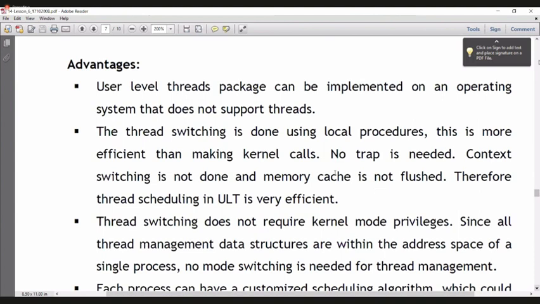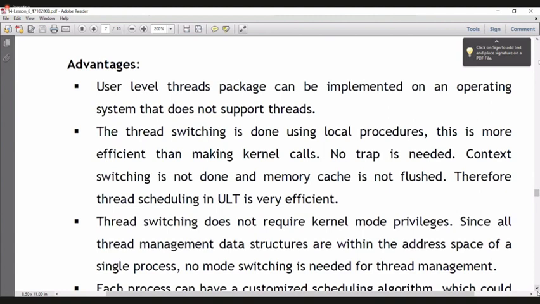Context switching is not done and memory cache is not flushed, right? So you are not changing whatever is loaded to memory and so on. Therefore, the scheduling in ULT, user level thread, is very efficient, faster when implemented.